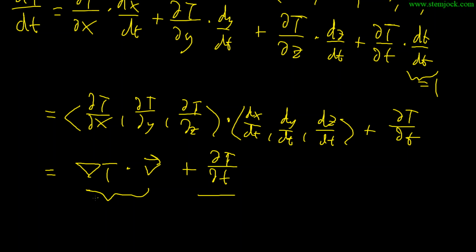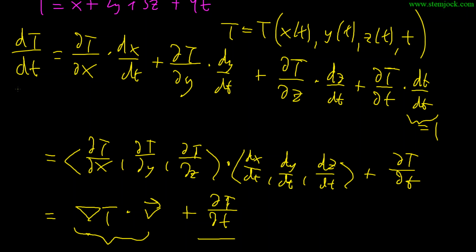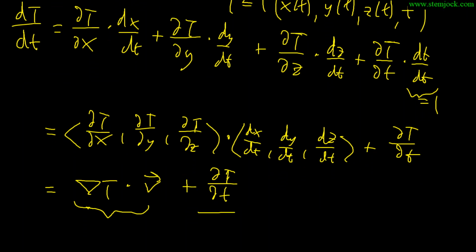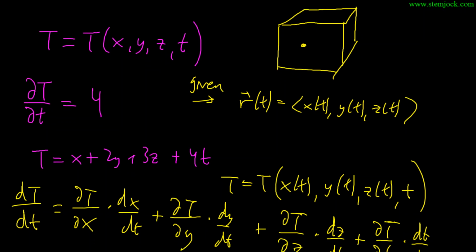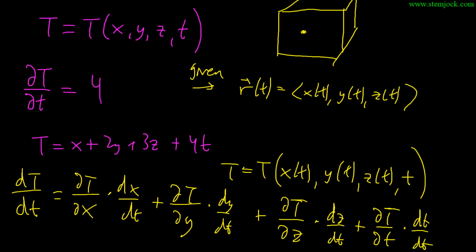So I think that's interesting. So again, the total derivative is going to be the rate of change of temperature that the fly experiences as it moves throughout the room. Yeah, so hopefully that gives you a better understanding of the difference between total derivatives and partial derivatives.